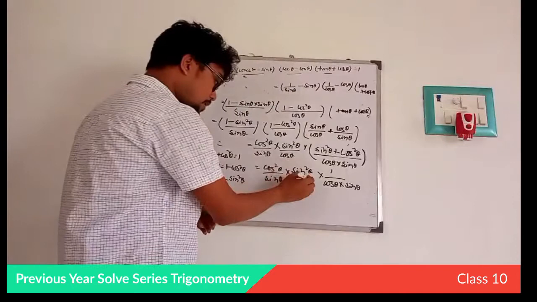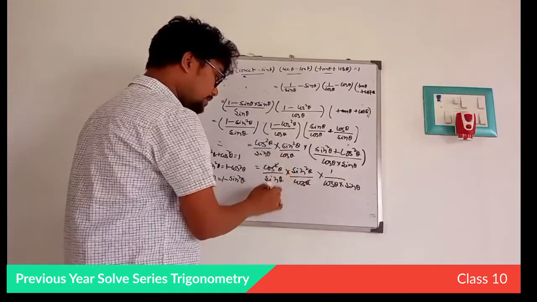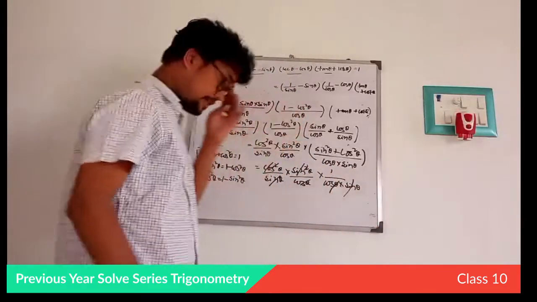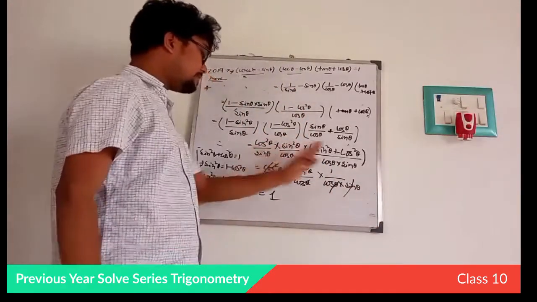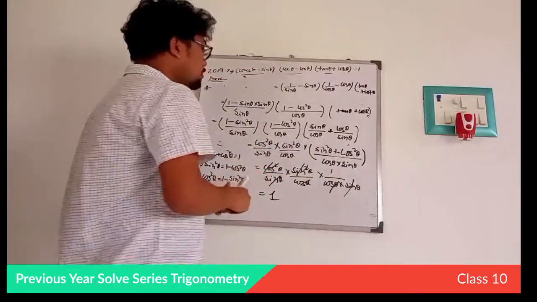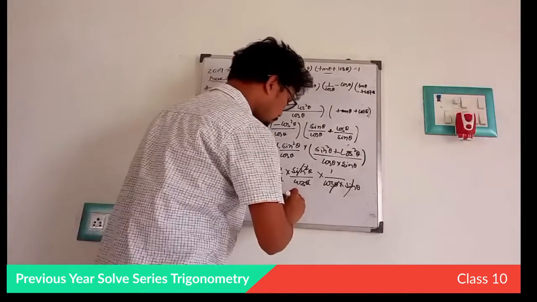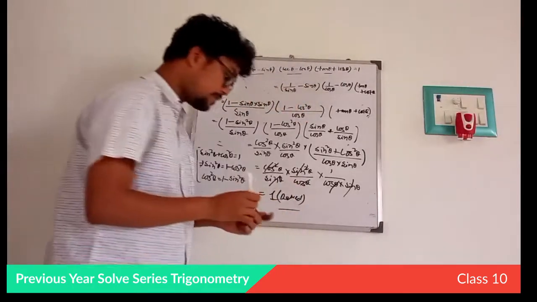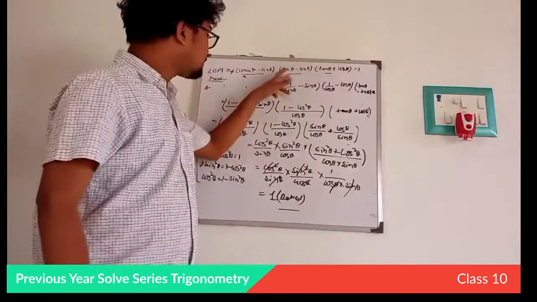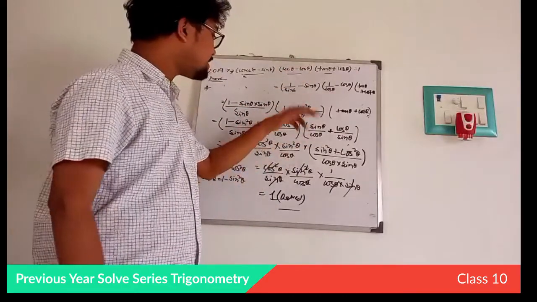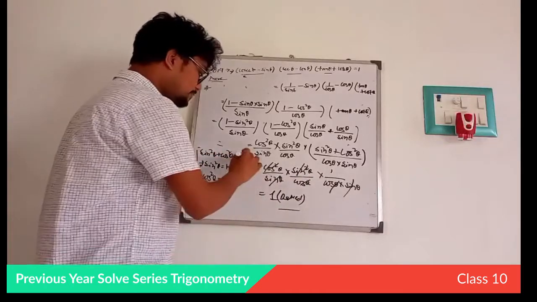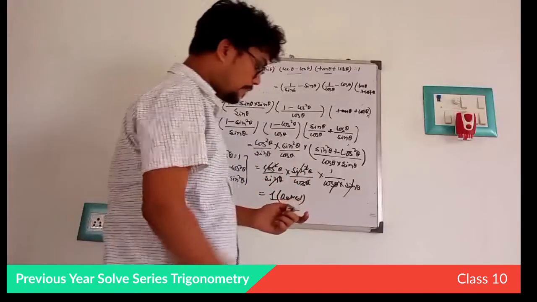So now cos theta and sin theta are eliminated, every term in this line will cancel, and we get 1, hence proved. This is the method: the brackets give reciprocal terms of each other, then I convert every term into sin theta and cos theta, then I use the formula sin square theta plus cos square theta, and we get our desired proof.